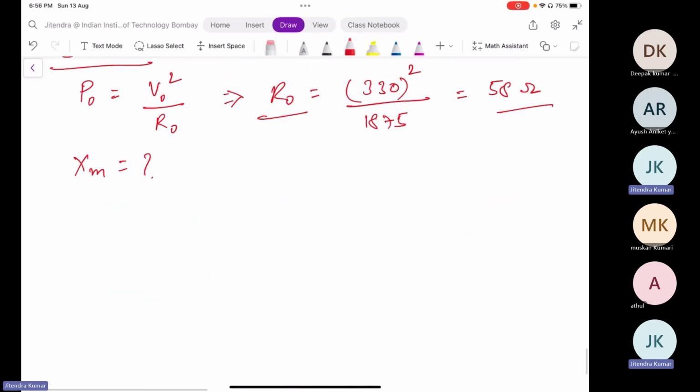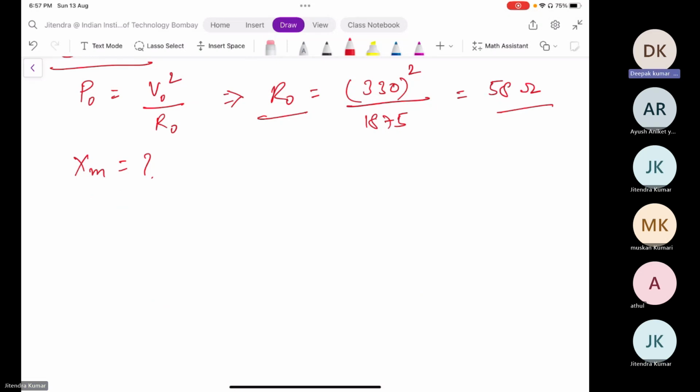Okay. So now tell me how to compute magnetizing impedance or magnetizing reactance. In the same way, sir.